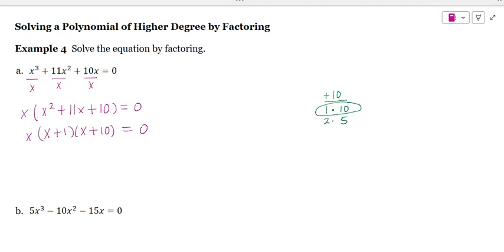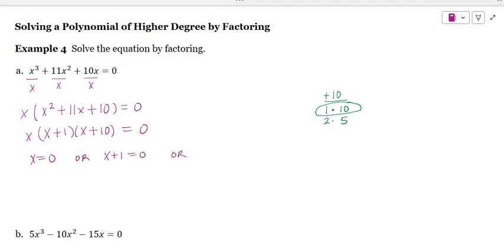All right, now I've got 3 different items that are multiplied together. And so when I think about my zero product property, I have to put 3 separate equations here. So we're going to have that either x is equal to 0 coming from that first x in the front, or x plus 1 is equal to 0, or x plus 10 is equal to 0.